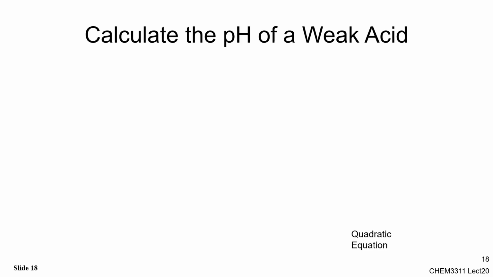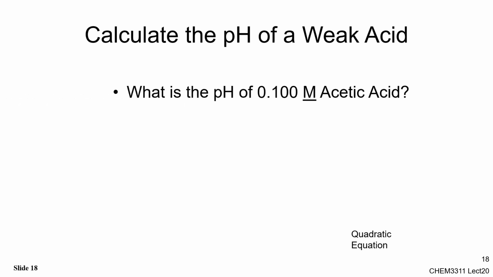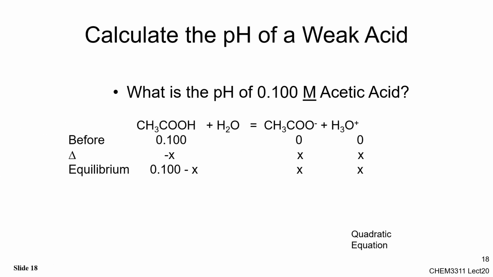So now we're going to do an example of calculating the pH of a weak acid. Our example is going to be for 0.1 molar acetic acid. So we'll start off by writing the balanced chemical equation for the ionization of acetic acid, and then we'll start filling in the reaction table.